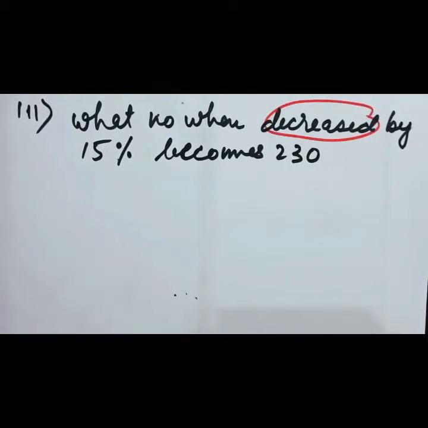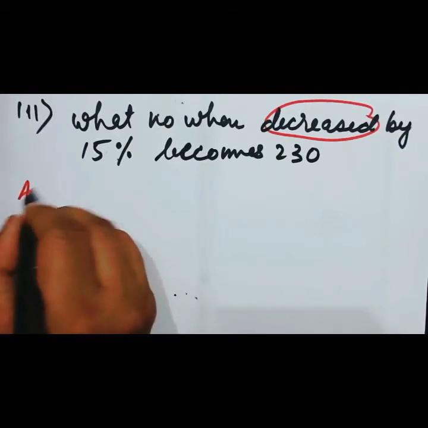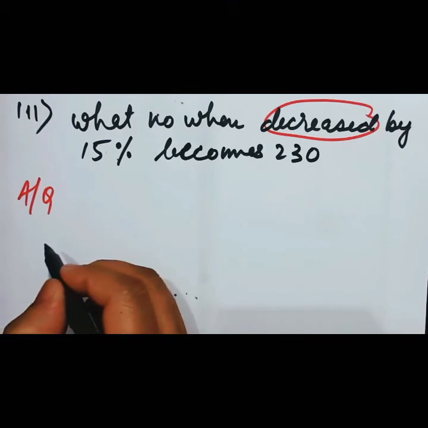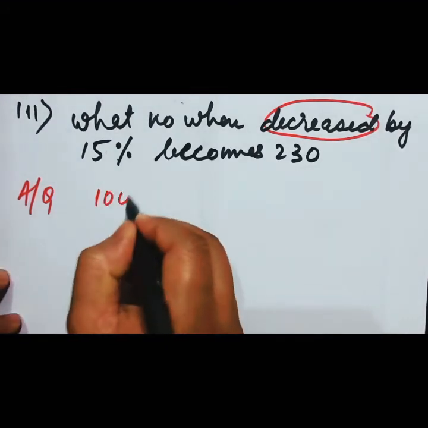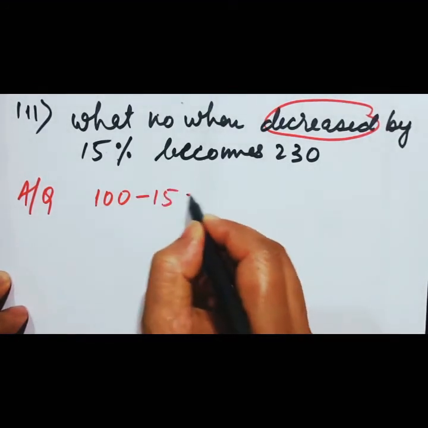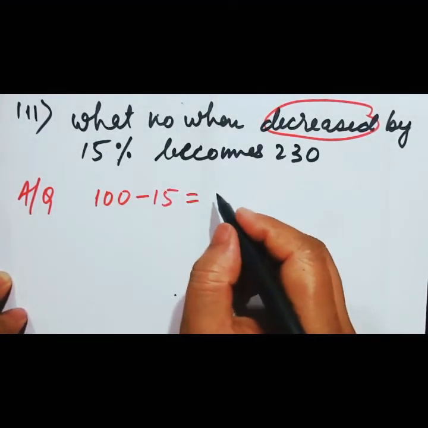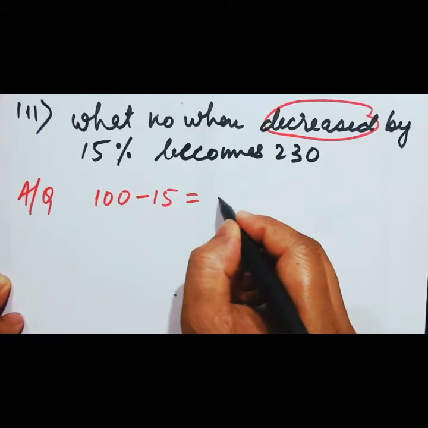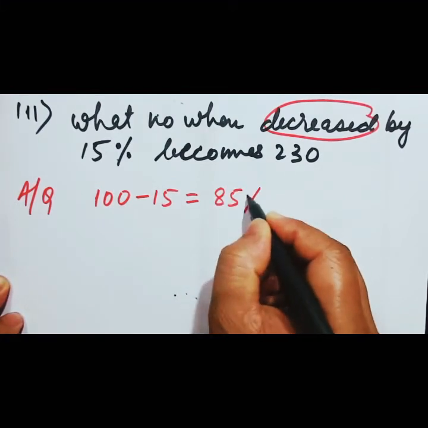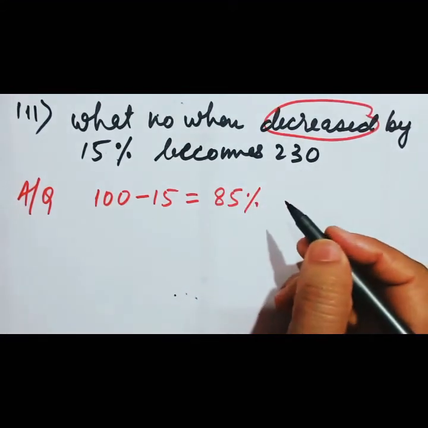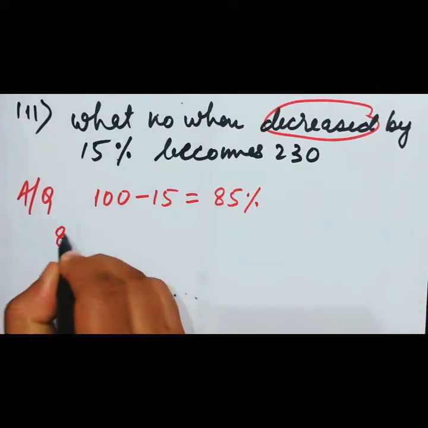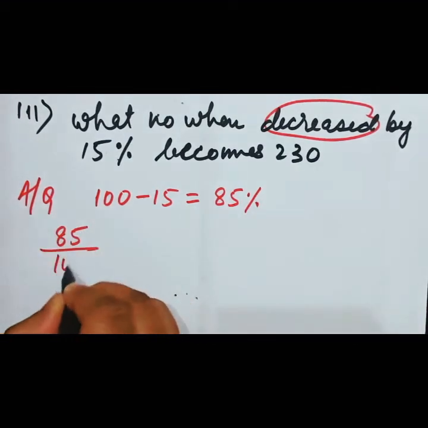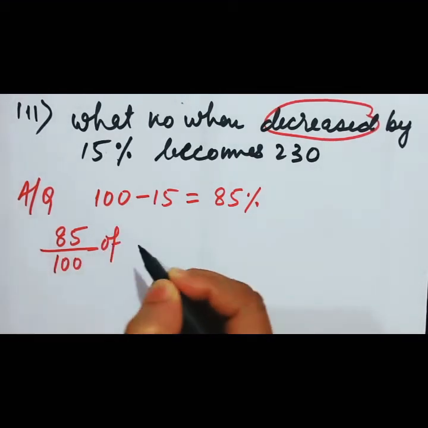So since we are decreasing the value, then in that case, according to the question, percent is already 100. Since we are decreasing it by 15, this means we shall be finding 85%. So 85% of this number.